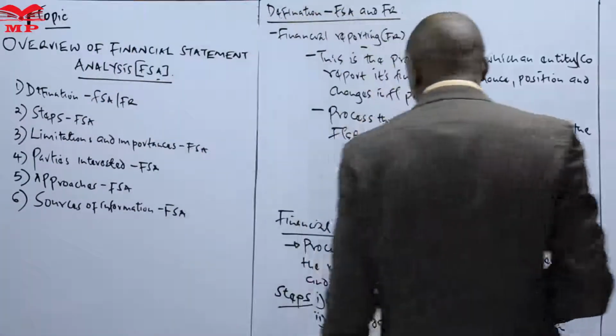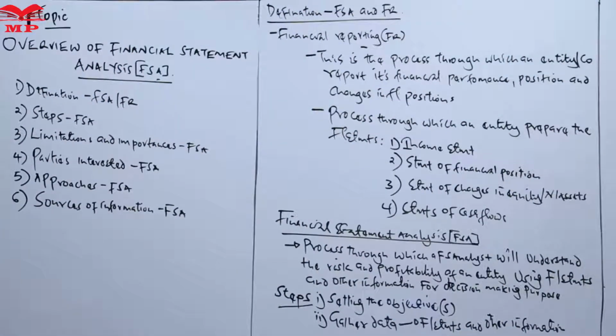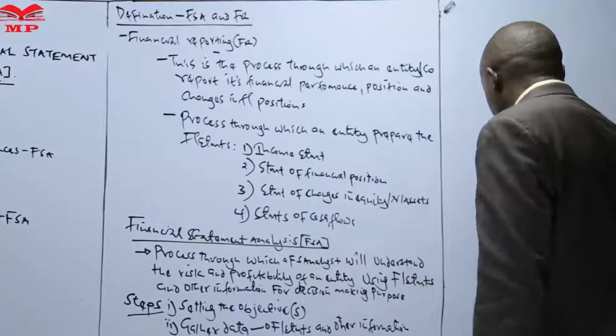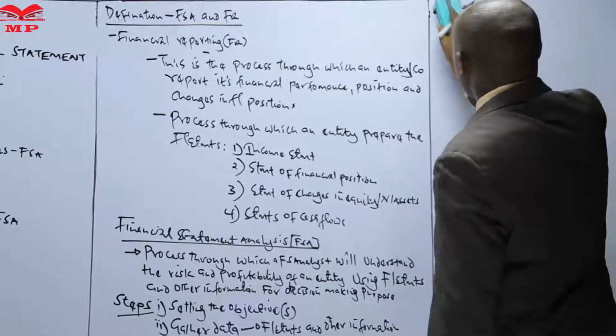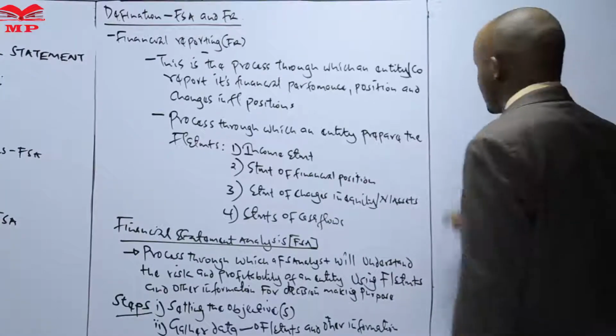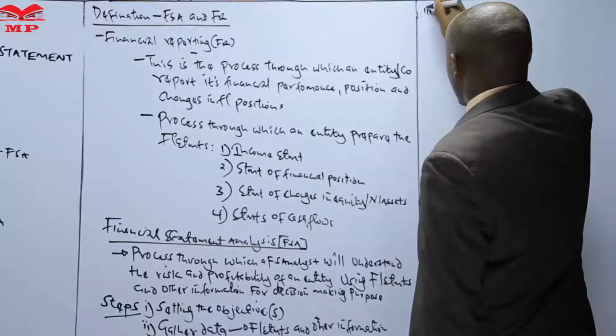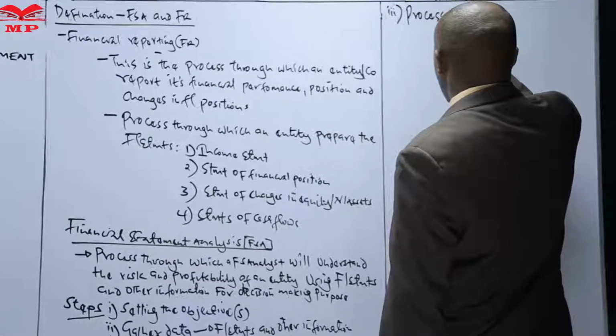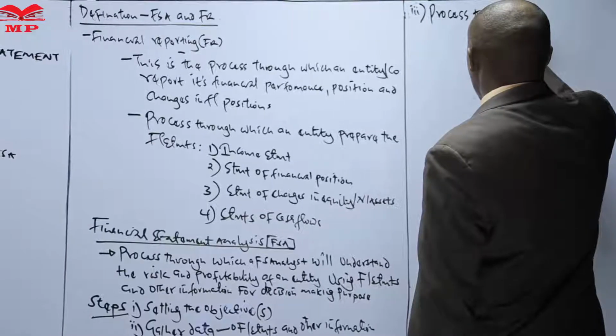Now, once the data has been gathered, stage number 3 is to process that data. Step number 3 is process the data.